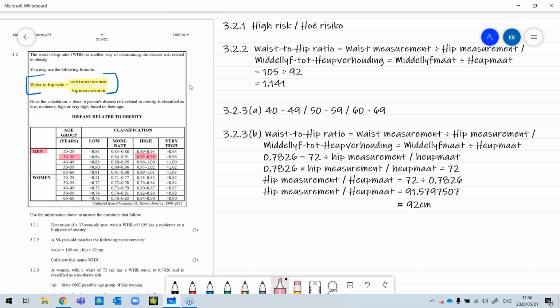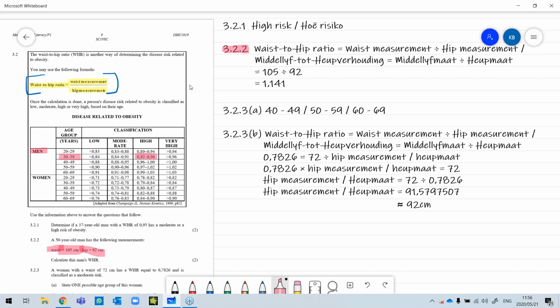Question 3.2.2. A 50-year-old man has the following measurements: a waist measurement of 105 centimeters and a hip measurement of 92. Calculate the man's waist to hip ratio. So at this point, you take the information given and you substitute it into your formula. Jy vervang dit in jou formule in. So over here for question 3.2.2, I simply wrote down the formula and I substituted in the information given.